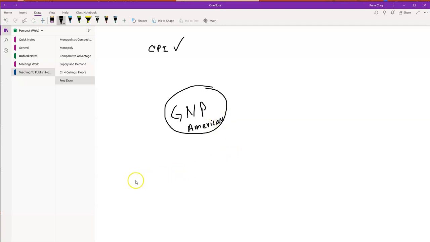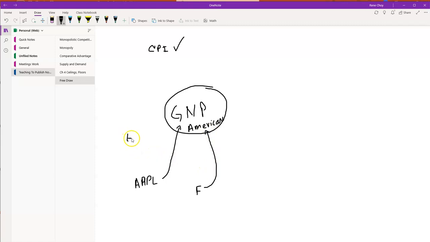So let's say that Apple makes something in China. Whatever they make in China, we're going to count it towards US GNP. If Ford Motor Company produces a car in Europe, we count it towards US GNP.